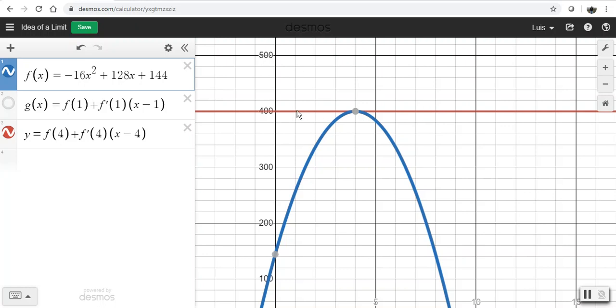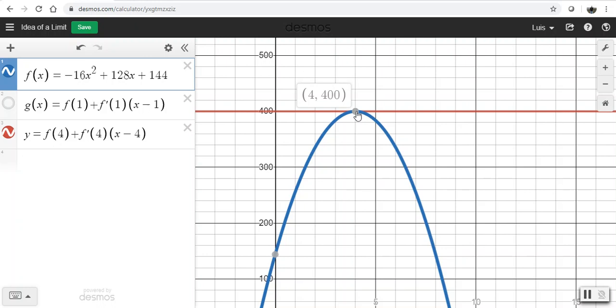If that line is horizontal, that implies that the slope is 0. So that means that's where the function becomes constant, but it also implies a maximum or a minimum in this sense. So notice that this is the maximum.